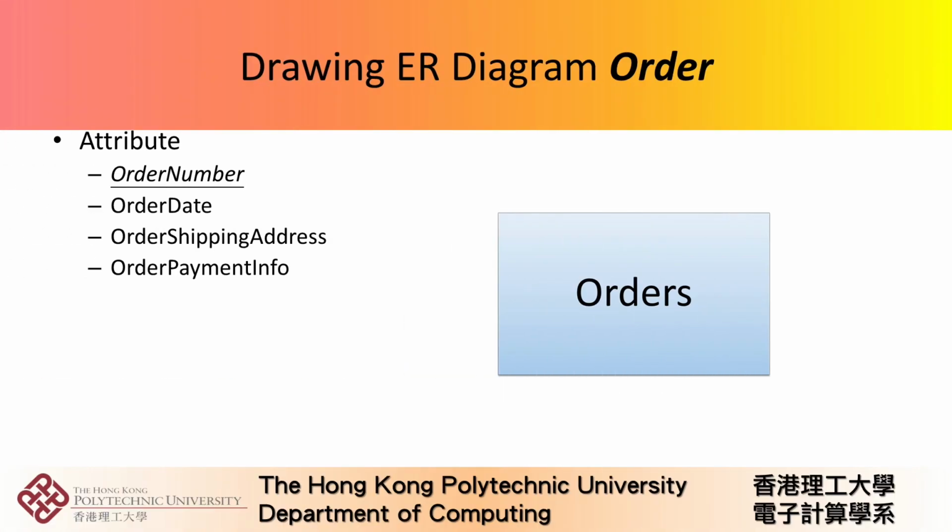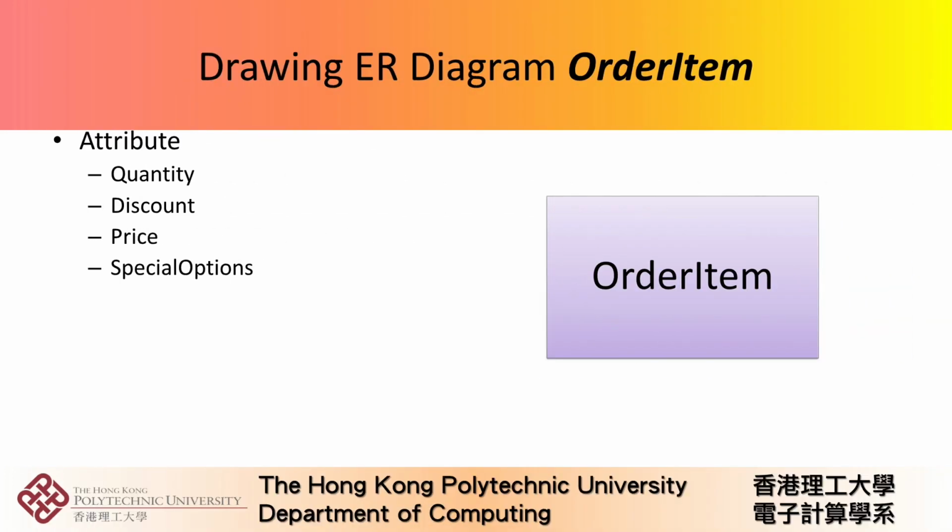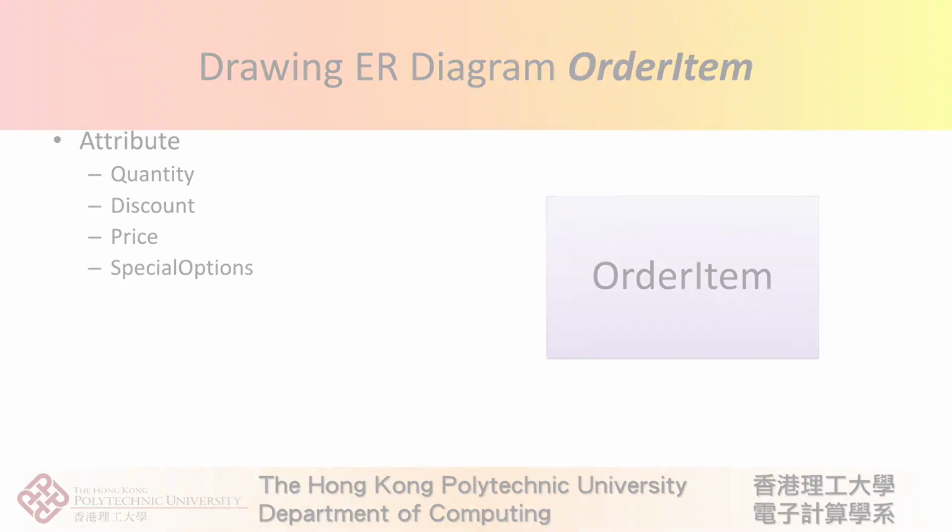The attributes for order should include order number, which is the key attribute, order date, order shipping address, and order payment information. The attributes for order item should include quantity, discount, price, and special options.